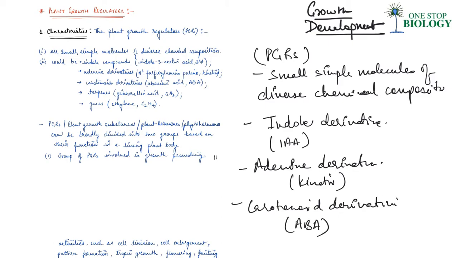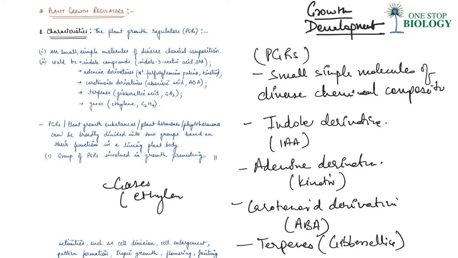They can be terpenes, like gibberellic acid. They can be gases as well, like ethylene. So basically, these are chemical compounds. These are small and simple molecules, and they can be derivatives of different kinds of chemicals. They can be a derivative of indole, adenine, carotenoids, terpenes, or gases as well.